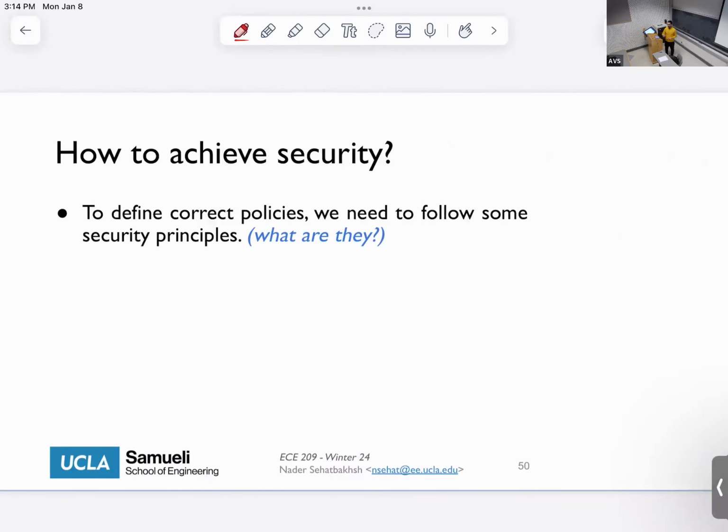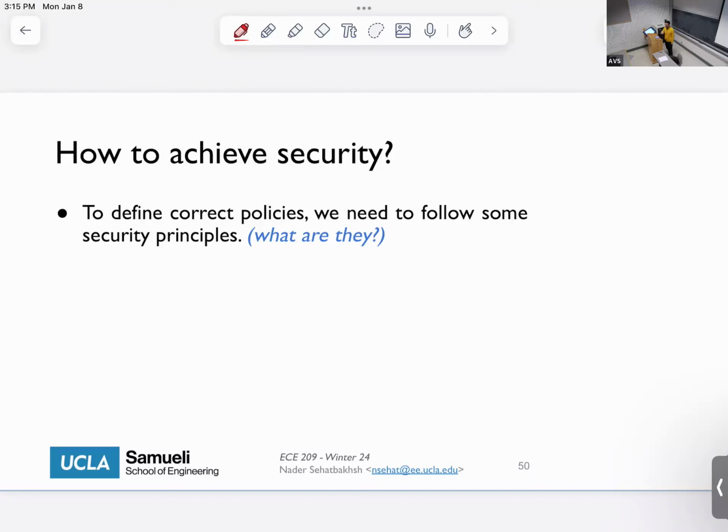So now going back to achieving security, as I said, the first step is defining policy, and it's very clear that if your policy is wrong, then your system is basically broken, right? So at the very least, what you can do is define correct policies, right? Because as I said, usually this part is not a big part, but if you get this part wrong, then your entire system is wrong. That's very simple, right?